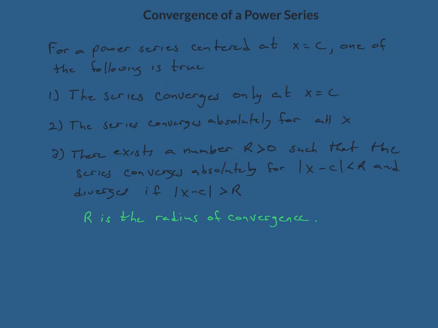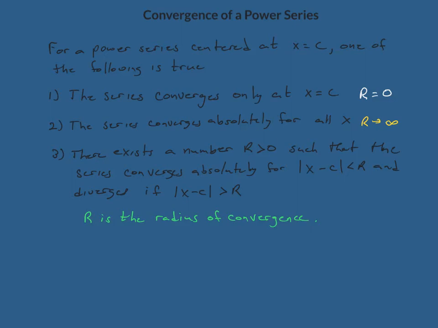In this first one, when we converge only at c, we can say that the radius of convergence is equal to 0. And when we converge for all x, we could say that the radius of convergence is going to infinity. We have an infinite radius of convergence.